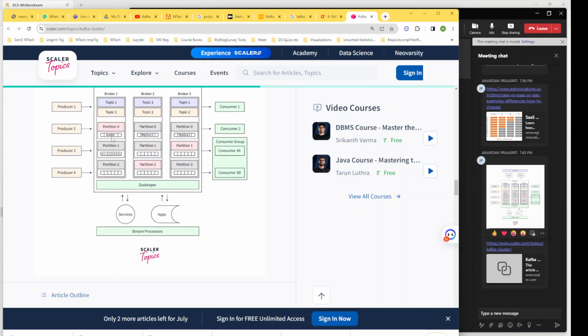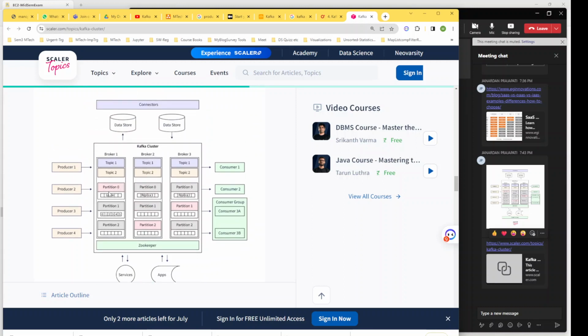The leader, then replica 1, replica 2. What is leader? Leader is the first one, and its replicas are on the second node and third node. That's why it is made, maybe.